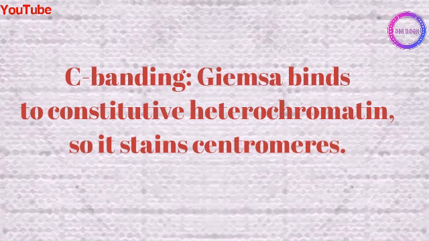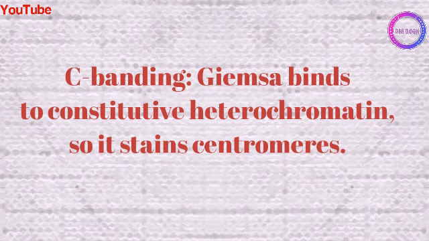Again, it is done with the help of Giemsa, where Giemsa binds to the constitutive heterochromatin, so it stains centromeres. So this is a different kind of banding compared to the Giemsa and the R banding. Here the C banding causes a dark stain at the centromeric region, and it makes the centromere appear very brightly with the help of the stain.